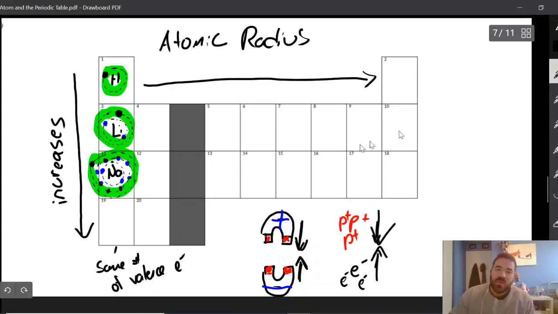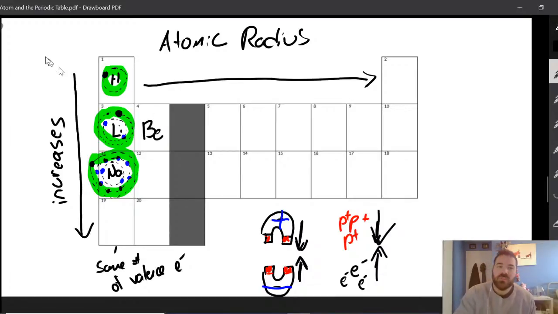And as we go from left to right in a period, we increase the number of protons and increase the number of electrons. So we have lithium, and then we're going to have beryllium. And for beryllium, now I'm going to start only drawing the electrons in the valence shell.